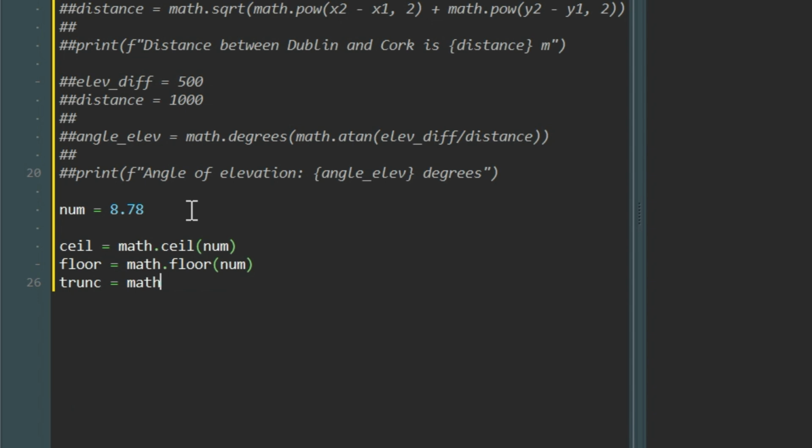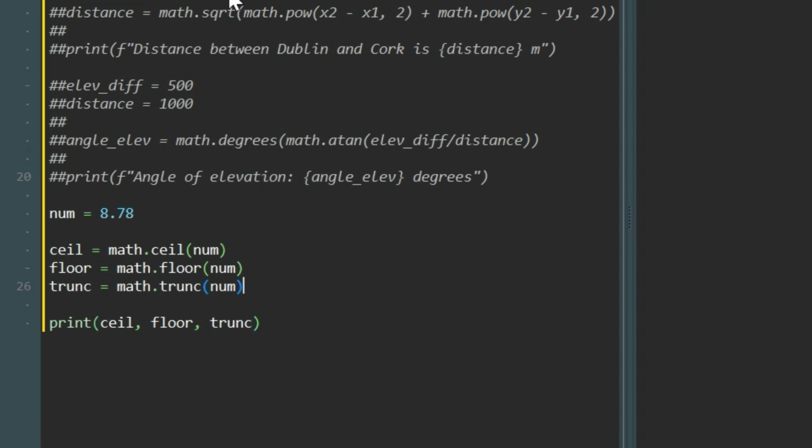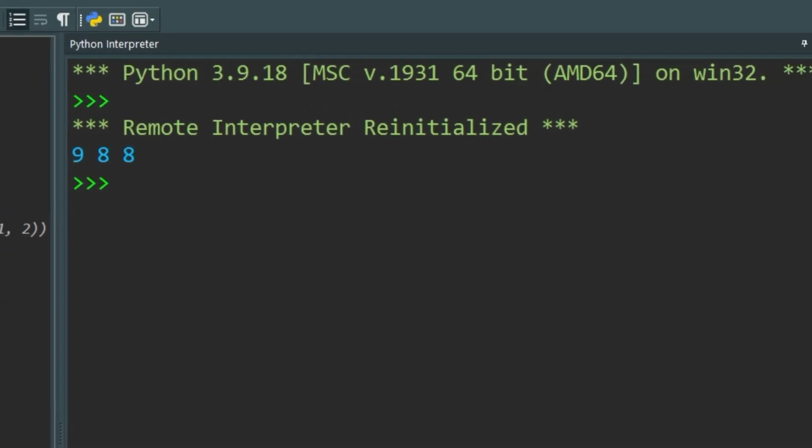Set that equal to math.trunc. Supply in our number. And we will print all three. We'll print ceil, floor and trunc, and we'll run and see what our output is. So we can see 8.78 with ceil was rounded up to 9, floor was rounded down to 8, and trunc just removed the decimal place and returned 8.